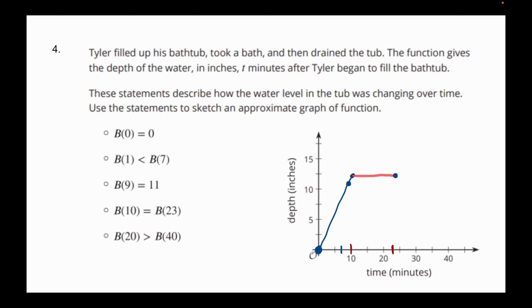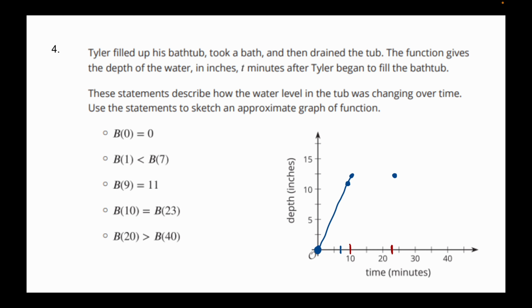So I could connect these with a straight line. I could say that it increases and then decreases back down. We could do all sorts of weird, crazy things in between here, but we want to make something sort of realistic. So he's filling up his bathtub, taking a bath, and then draining the tub. So this function gives the depth of the water. We can put a little increase in here as long as we make sure it lands back at that point.